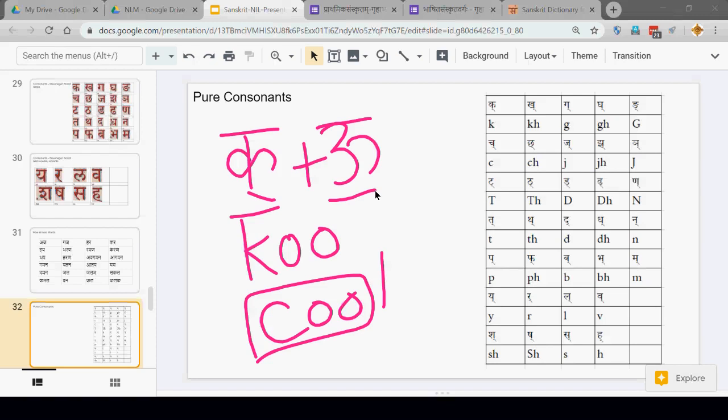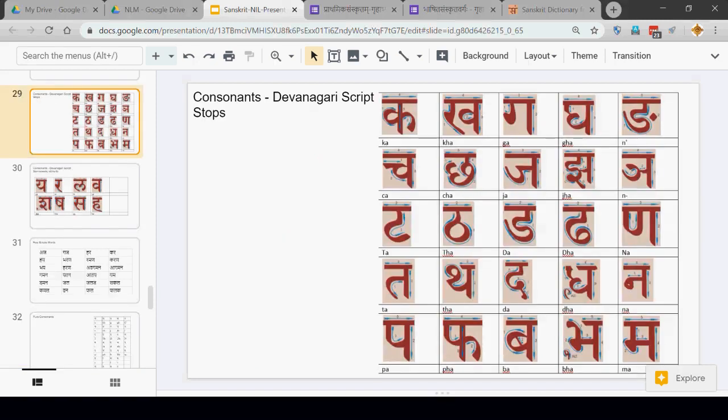For example, all the letters which are shown here in this chart, they are actually compound consonants, because they are not pure consonants. They already have a added at the end of their sound while we pronounce them. So ka, kha, ga, gha, all these are compound already.